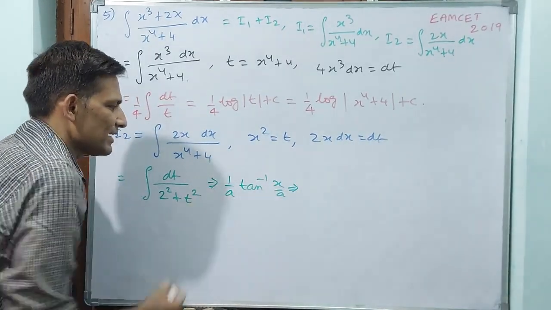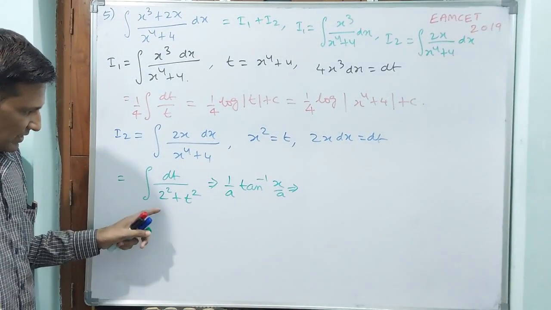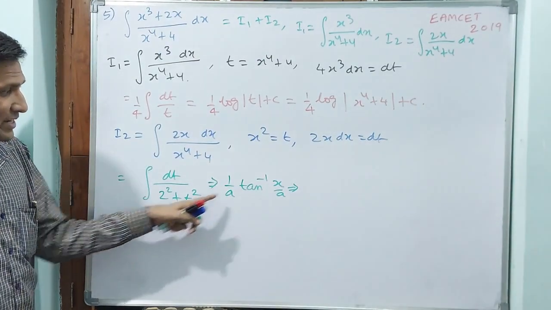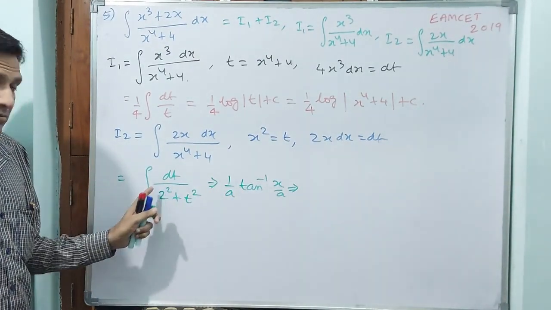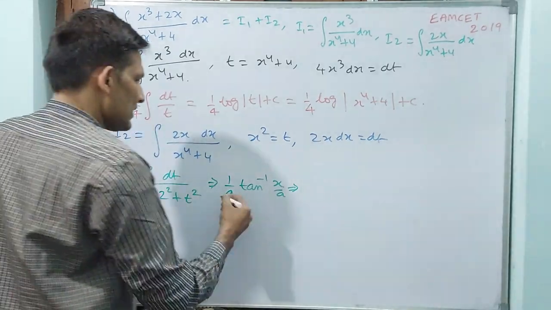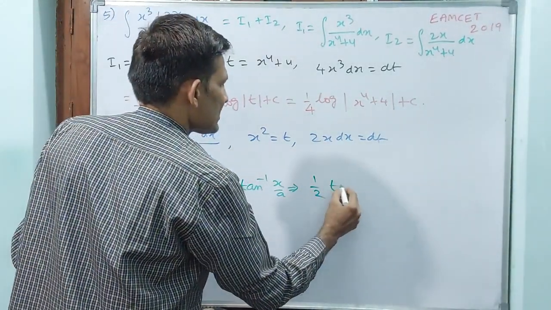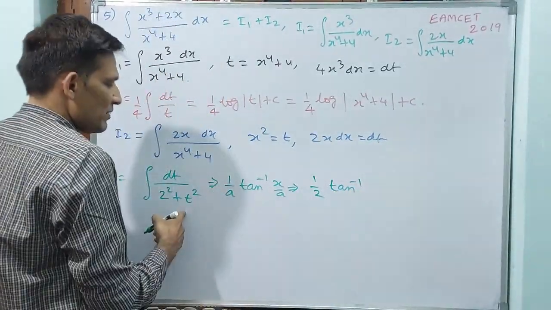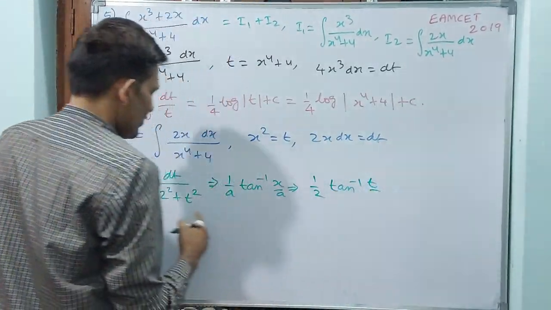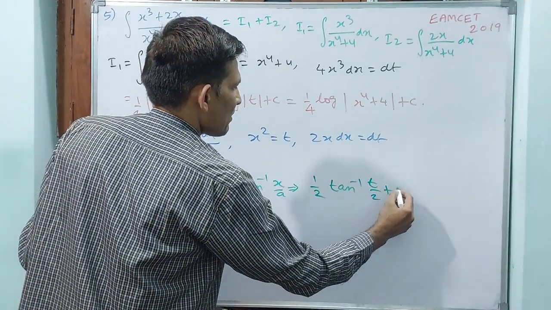Here a is 2 and the variable is t. Then 1 by a means 1 by 2 tan inverse t by a, means t by 2, plus c.